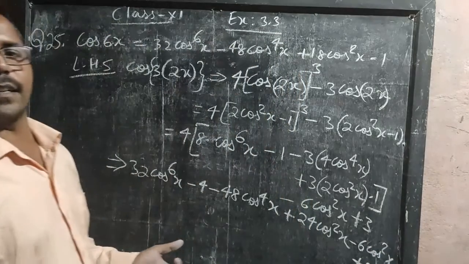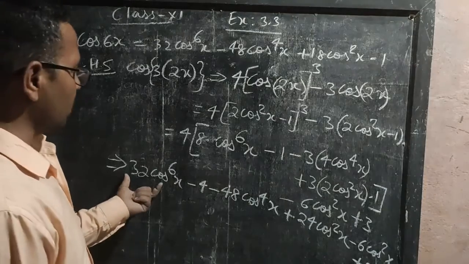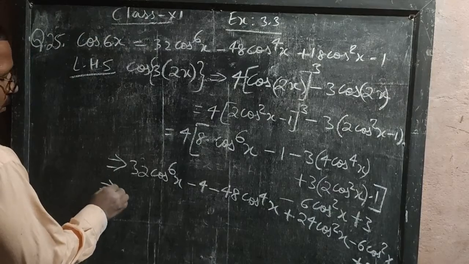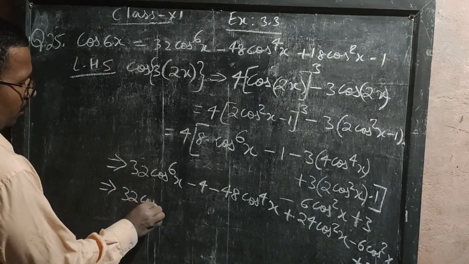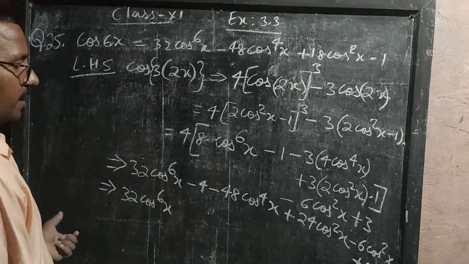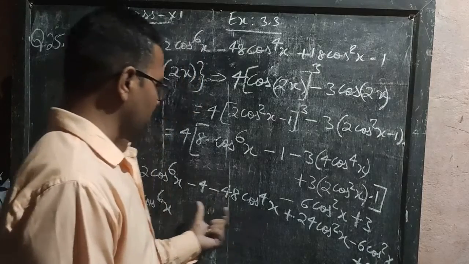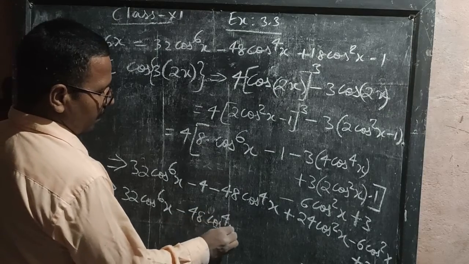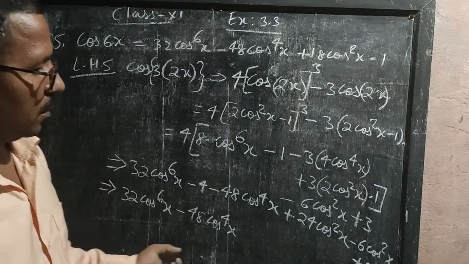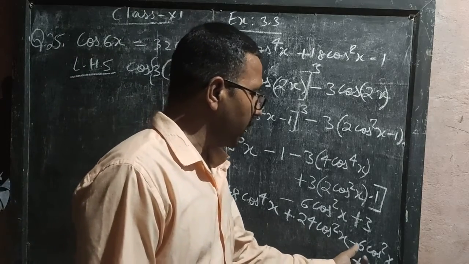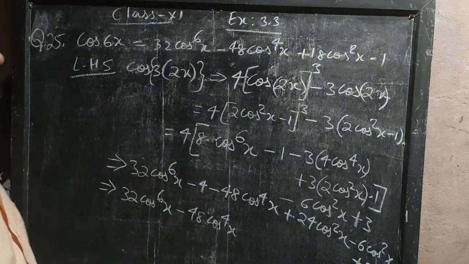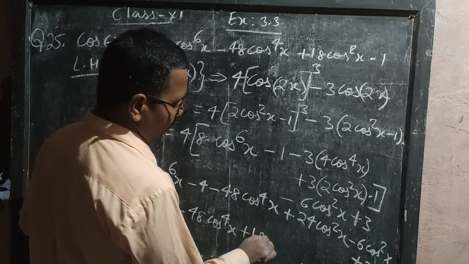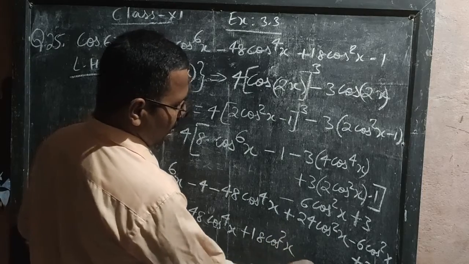Now whatever like terms are there, we will combine them, and the unlike terms remain as they are. So 32 cos to the power 6x remains as it is, and minus 48 cos to the power 4x is also an unlike term and remains as it is. For 24 cos square x minus 6 cos square x, that means 24 minus 6, we get plus 18 cos square x.